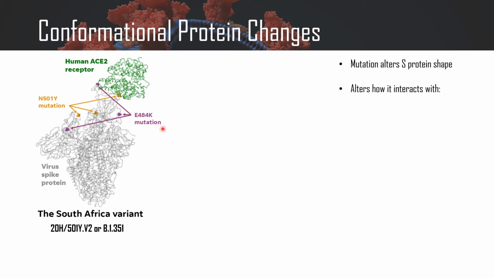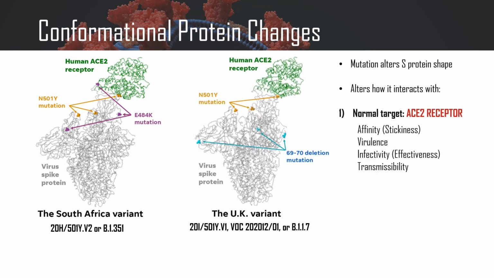Of relevance, this mutation is occurring at the binding site of where the ACE2 receptor will latch onto this spike protein. So if you have a little bit of a think about if this mutation occurs, then it may also affect the way that the ACE2 receptor will bind to the spike protein, which is essentially what happens with the E484K mutation, because it alters the shape of the protein conformation and it alters how it will interact with its normal target, which is the ACE2 receptor.